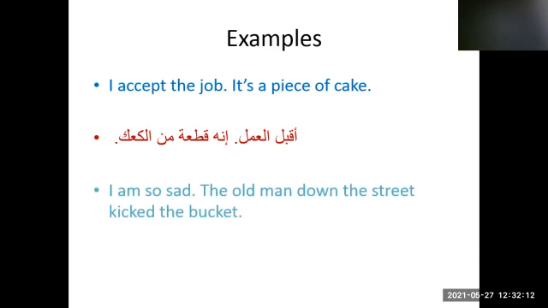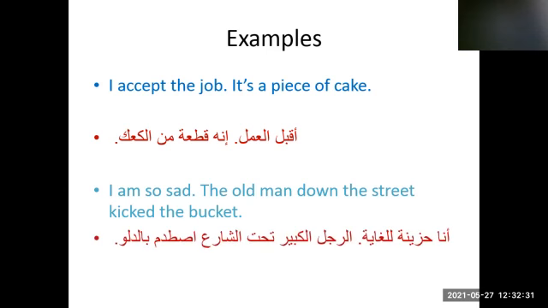I am so sad. The old man down the street kicked the bucket. أنا حزينة للغاية. Okay, I'm so sad. We understand this. الرجل الكبير, the old man, down the street, تحت الشارع, kicked the bucket. اصطدم بالدلو.